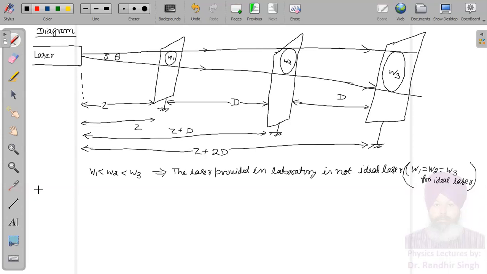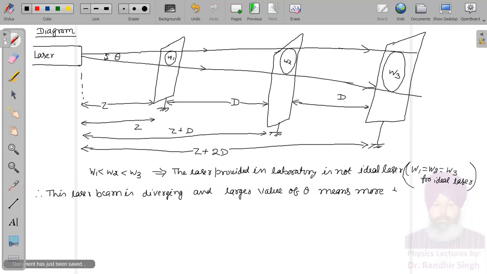So this laser beam is diverging, and a larger value of theta means more divergence and therefore poor quality of laser.